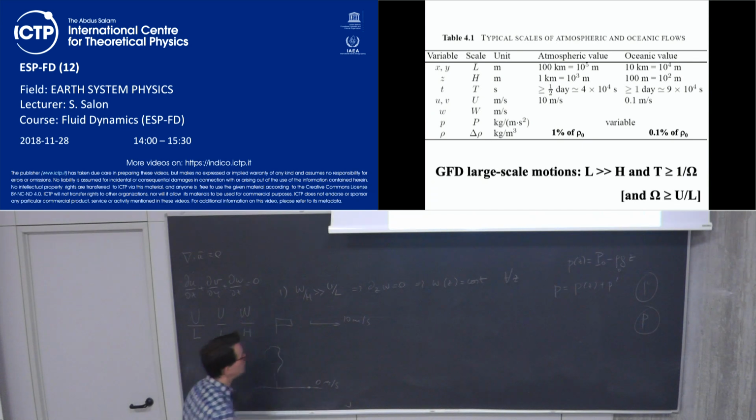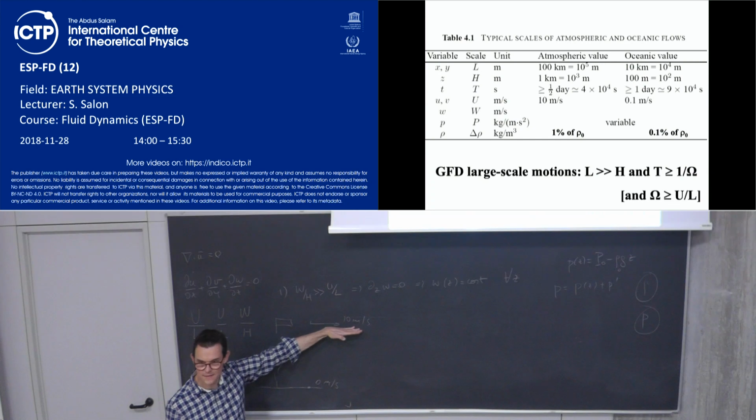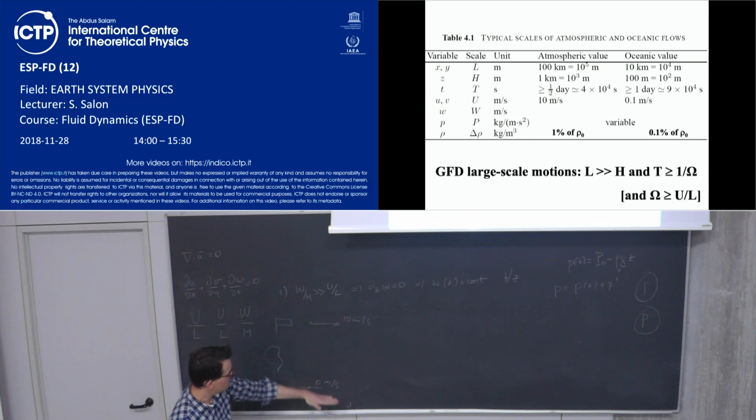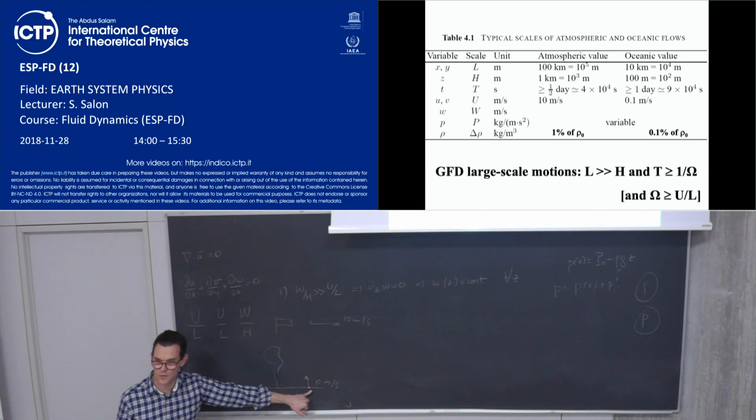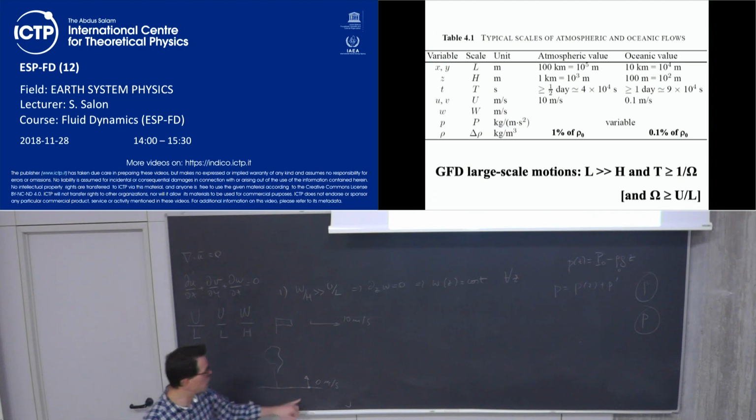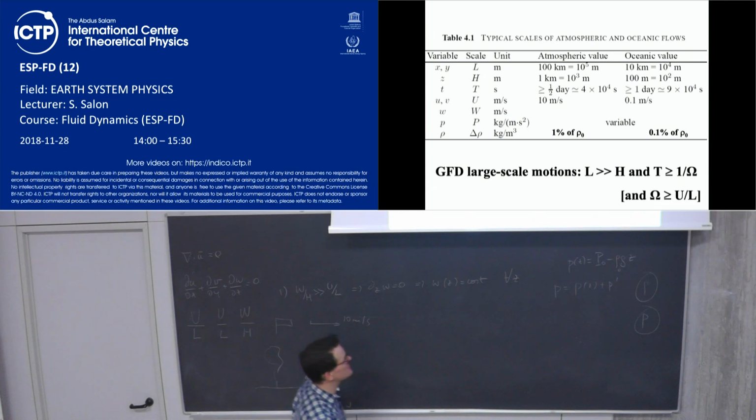Exactly. So it means that this velocity must decrease with height. But if we have the conservation of mass, is it possible to have here a vertical velocity coming from nothing to a value which is different from zero? No.